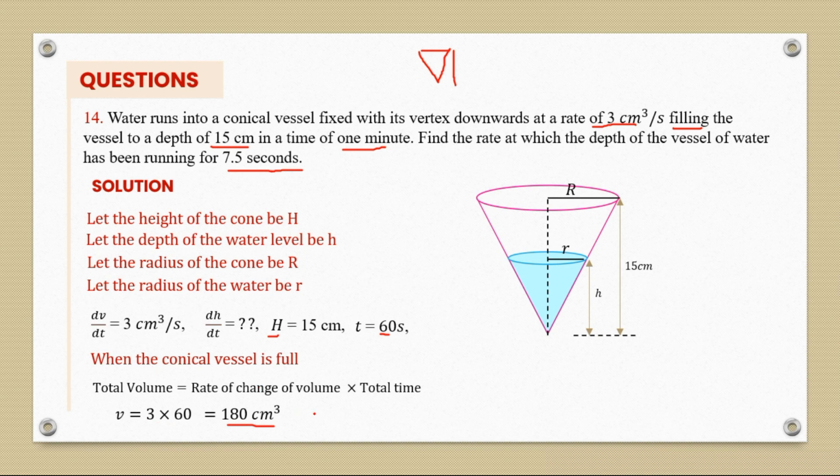But now remember that there is the other way. We can also find the volume of the water when it is full, which is basically the volume of the cone. So remember that volume is equal to 1/3 pi r squared capital H. Now we have capital H because we are assuming that the water filled the entire vessel, so the height is going to be capital H. As we found before, the volume of water is 180, so we're just going to equate that to this.